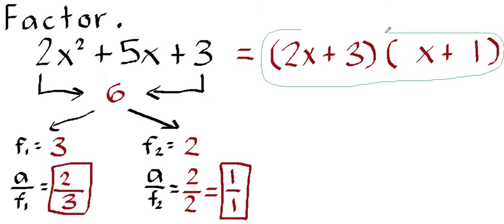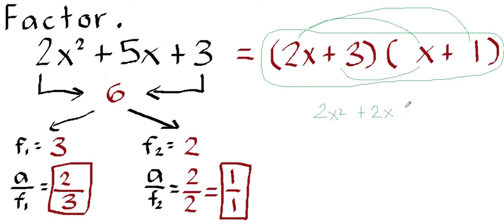Alright, let's proceed to our next example. By the way, you may check your answer using FOIL method. 2x times x equals 2x squared. 2x times positive 1 is positive 2x.